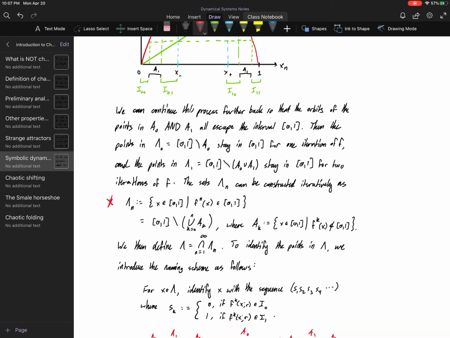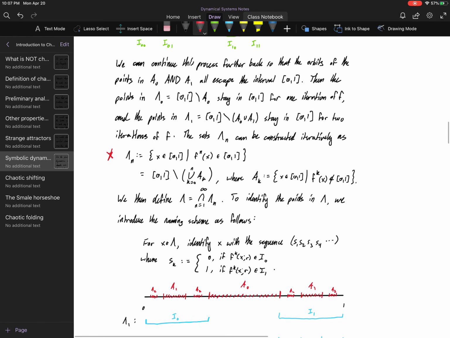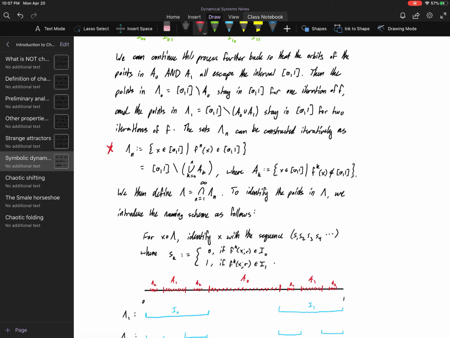So lambda n here is tracking which points stay within the interval from 0 to 1 after n iterations. And then we have a limiting object where we don't have a cutoff, that there are points that live within this interval from 0 to 1 that never escape the interval. And we're going to call that set lambda.